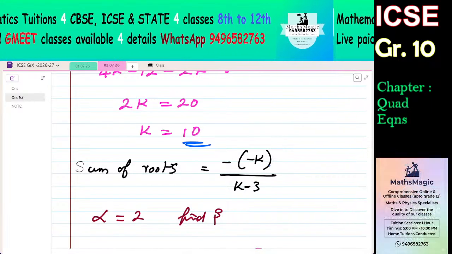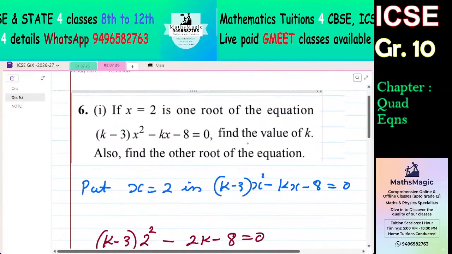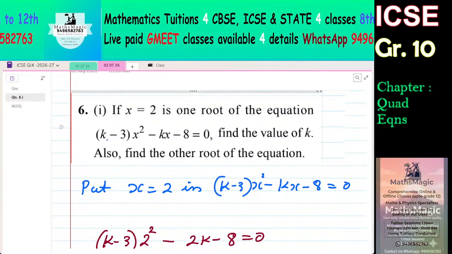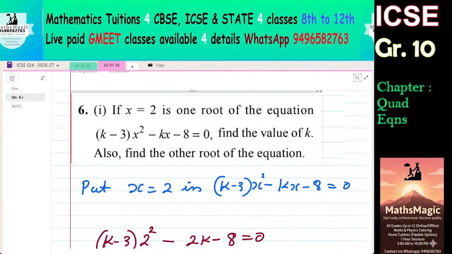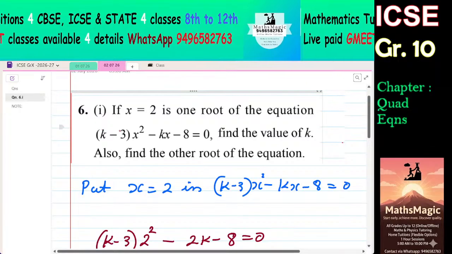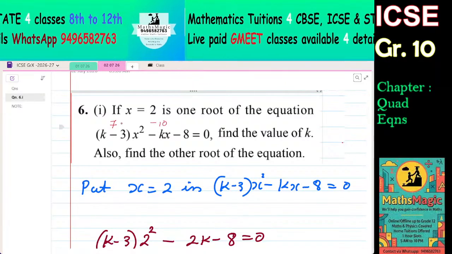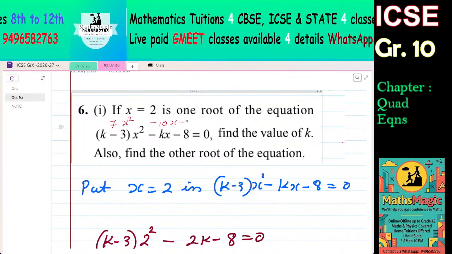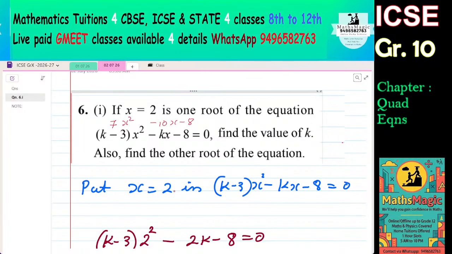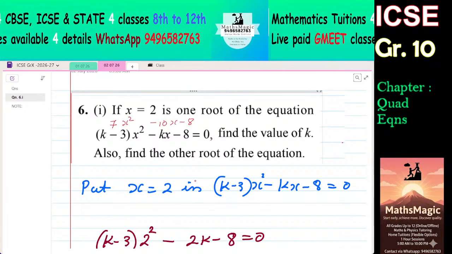Now, if you have any confusion, just put it in the sum of roots and you will get a proper verification. And if you plan to use the quadratic equation, you need to substitute the value of 10 here. So I'll just scribble it down here. That will be 10 minus 3, which is 7x squared minus 10x minus 8, and you have one root as x equals 2, so x minus 2 is a factor.